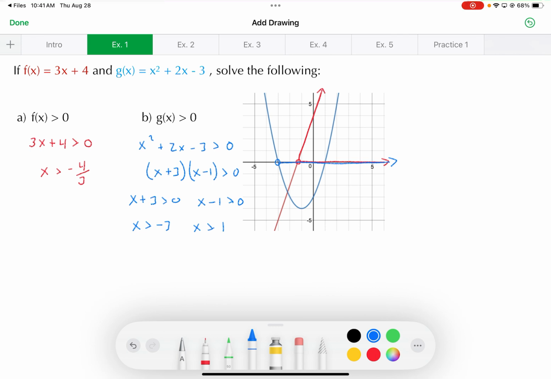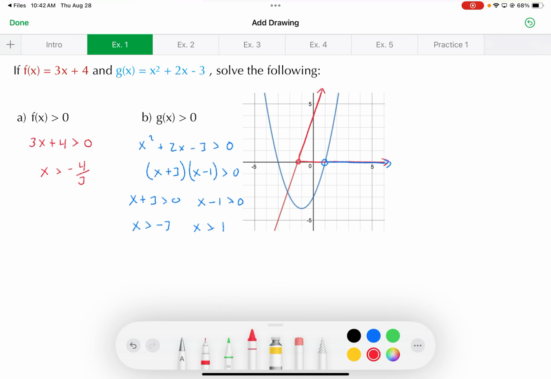Because they're below the x-axis. So this can't be right, okay? Now the second half is actually okay. X is greater than 1. So that would correspond to this section of the curve. That's part of the solution set, right? All of those points have y's that are positive, okay?